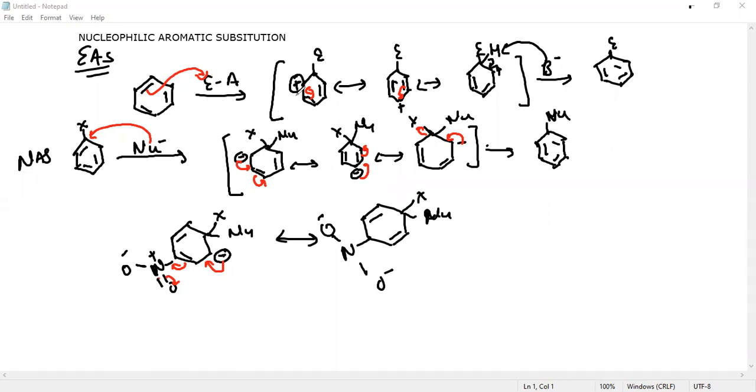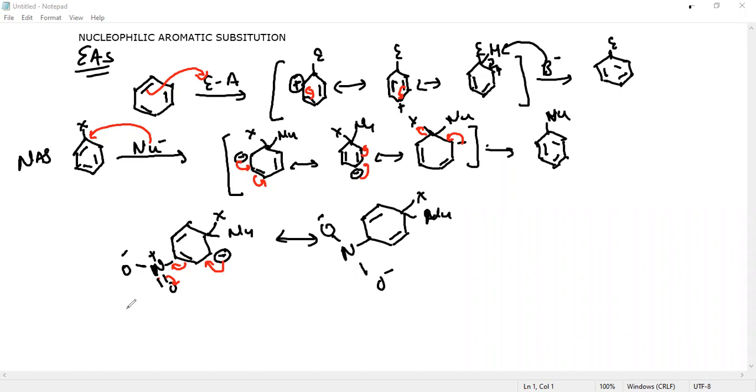Because if you see here, we do have a positive intermediate here. And if we have something which donates electrons and stabilizes the positive charge on this intermediate, it would stabilize the conditions here. And similarly, we do have a negative charge over here.